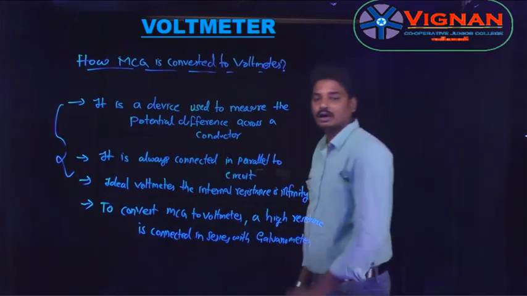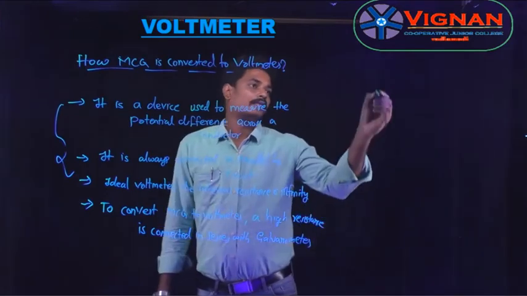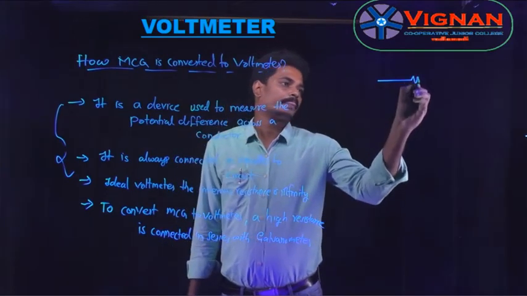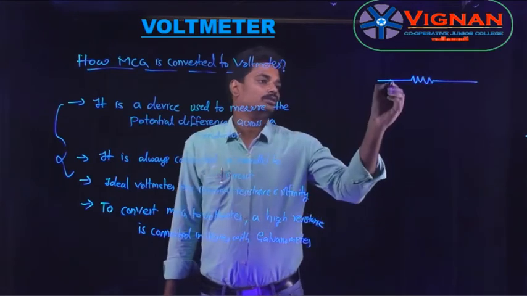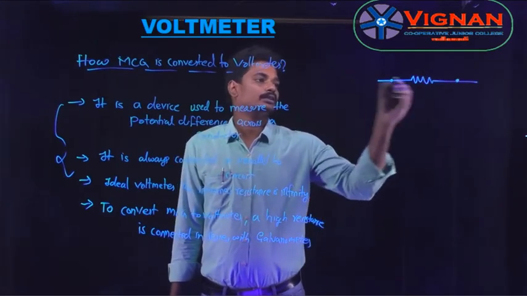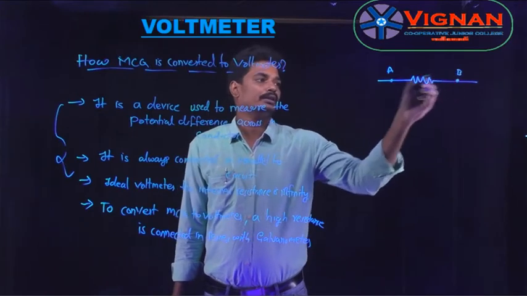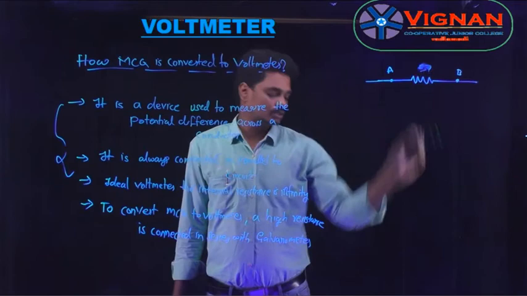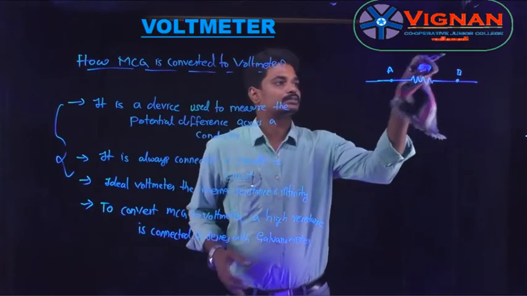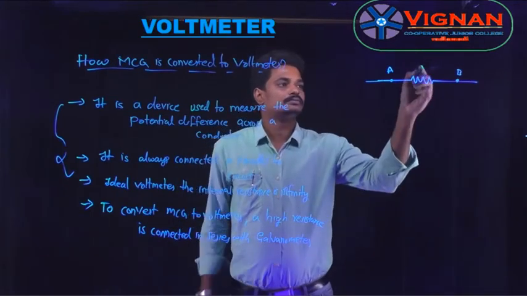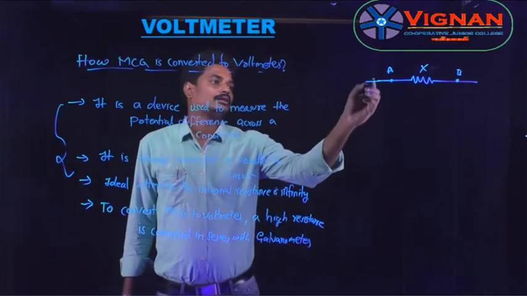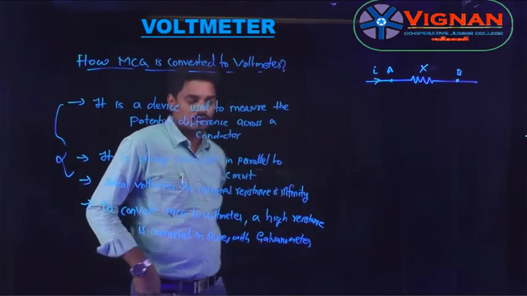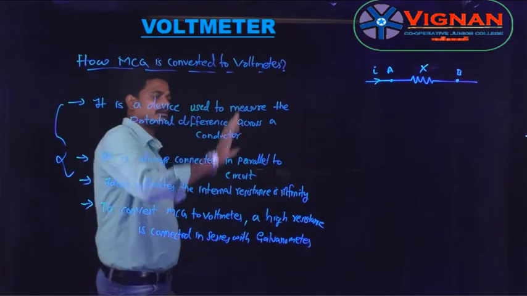So let us see how it is connected. Let us draw a circuit. Let these points be A and B, and the resistance is R, or some X. Let I be the current flowing in the given conductor.